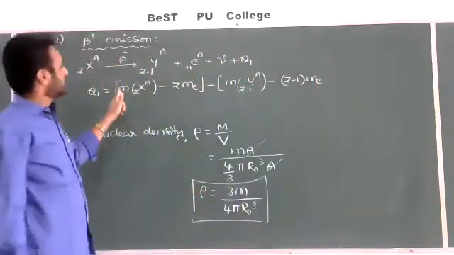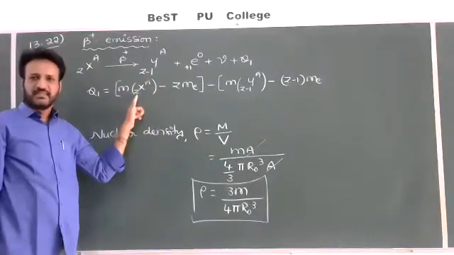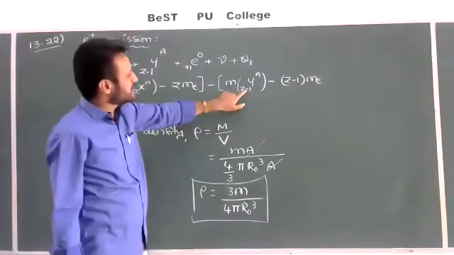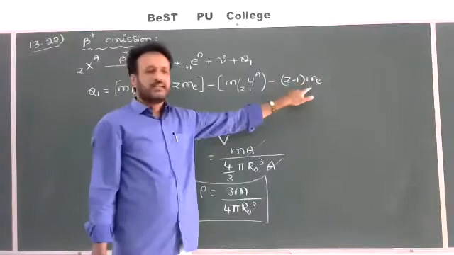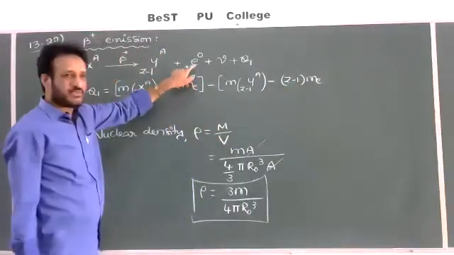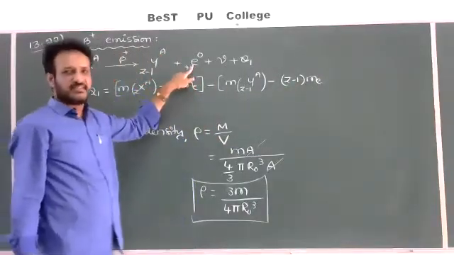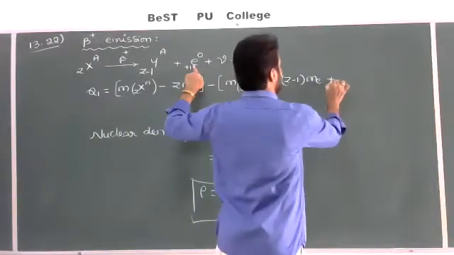Next, the other product, the positron, is plus Me.